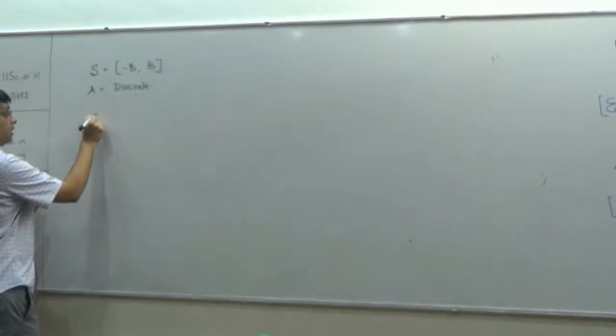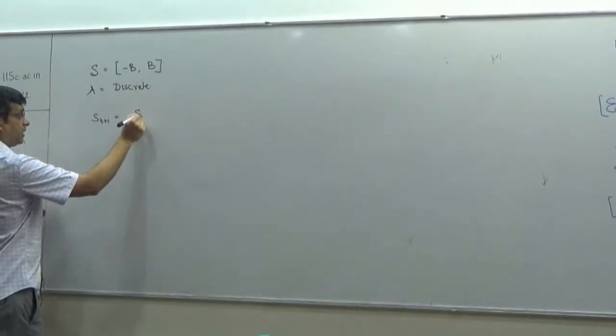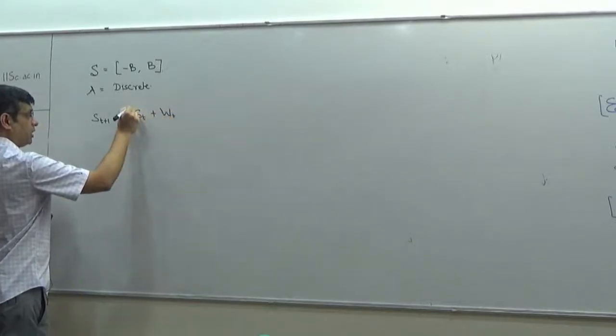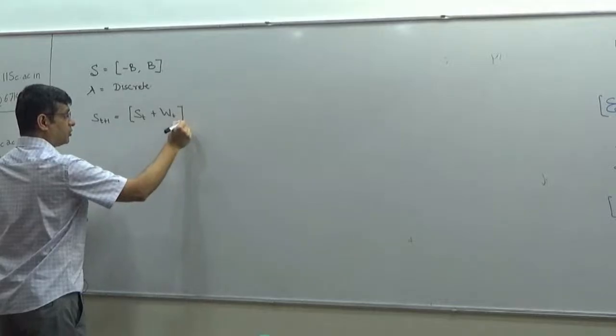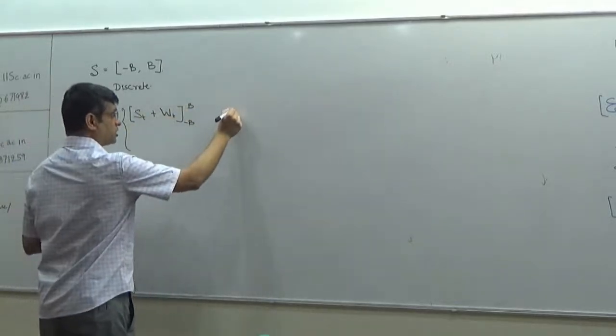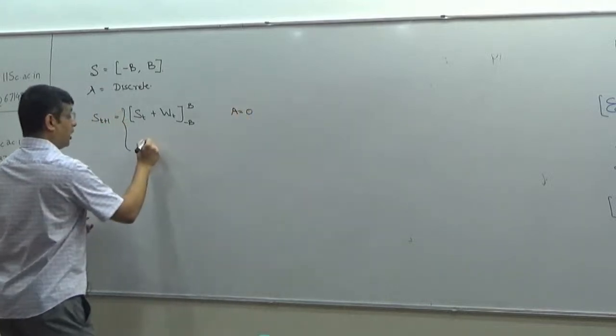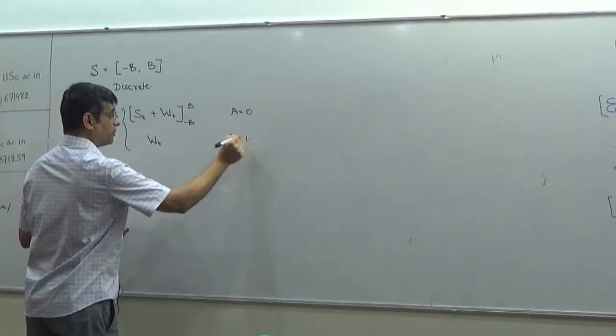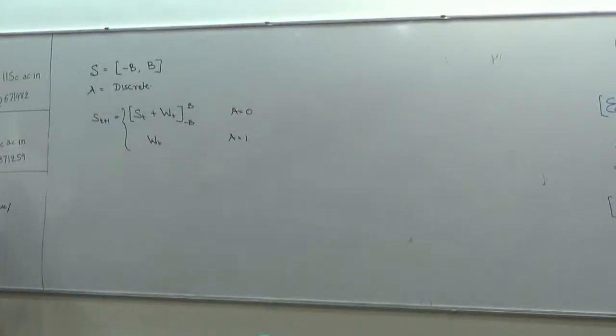So, the dynamics that I have in the notes is something like: s_{t+1} is s_t plus W_t, truncated to minus B to B, if I take action equals 0, and it is equal to W_t if action equals 1. Okay. So, I have some physical system which evolves as follows.